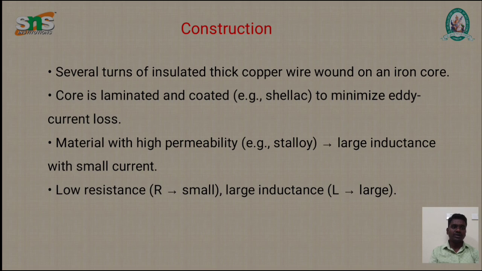Materials with high permeability, for example Stalloy, give large inductance with small currents. So the resistance R is small and the inductance L is large. This is the construction of the choke coil.